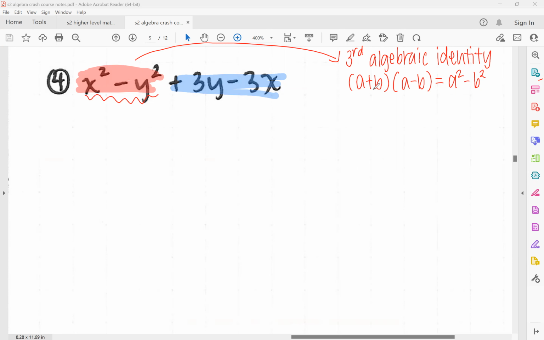Which one has square? Left-hand side or right-hand side? No, left-hand side has no square. X square minus y square. Left-hand side or right-hand side? Right-hand side. So, I'm going from left-hand side to right-hand side or right-hand side to left-hand side?